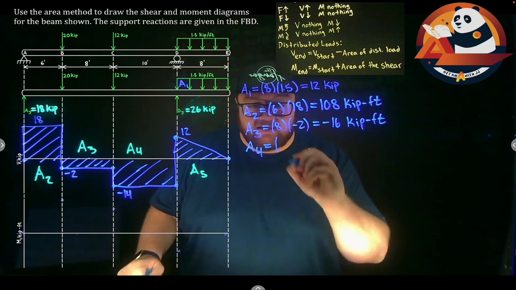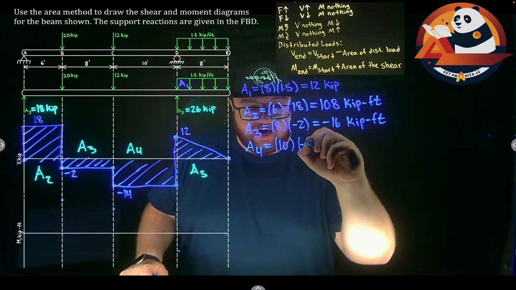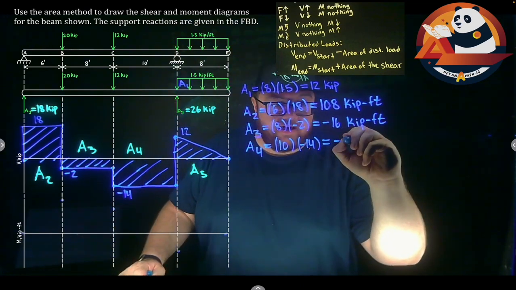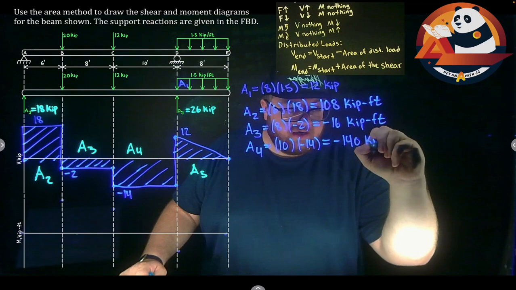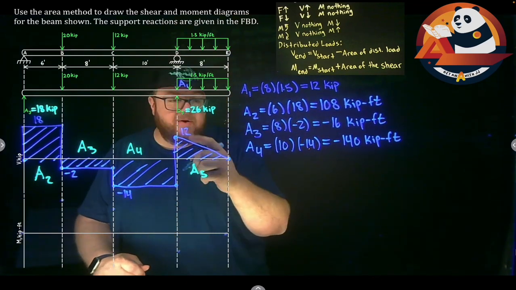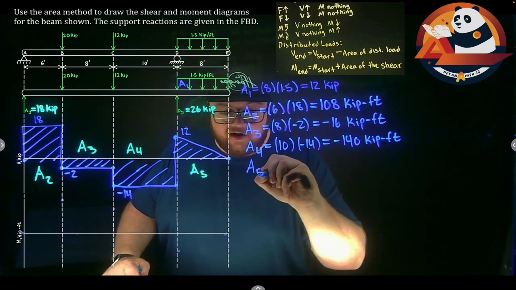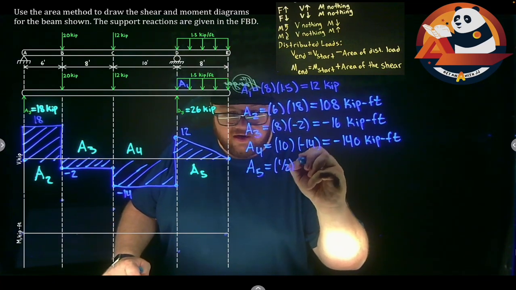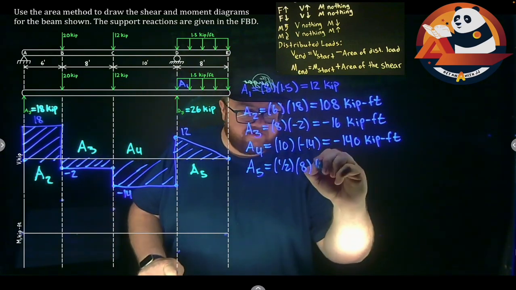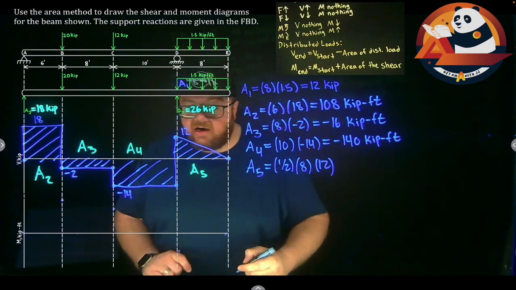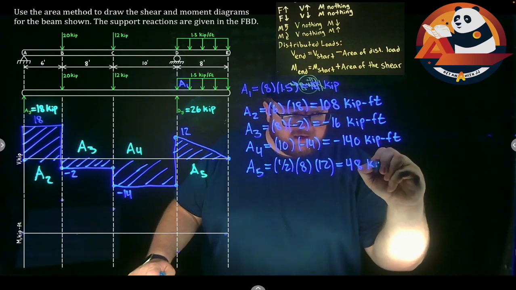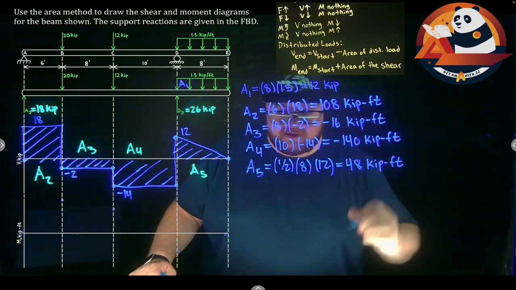Base is 10, height is -14. 10 times -14 is going to get us -140 kip feet. And then our last one, we have a triangle for area 5. So area 5 would be 1/2 our base, 8, times our height, 12. That will get us 48 kip feet.